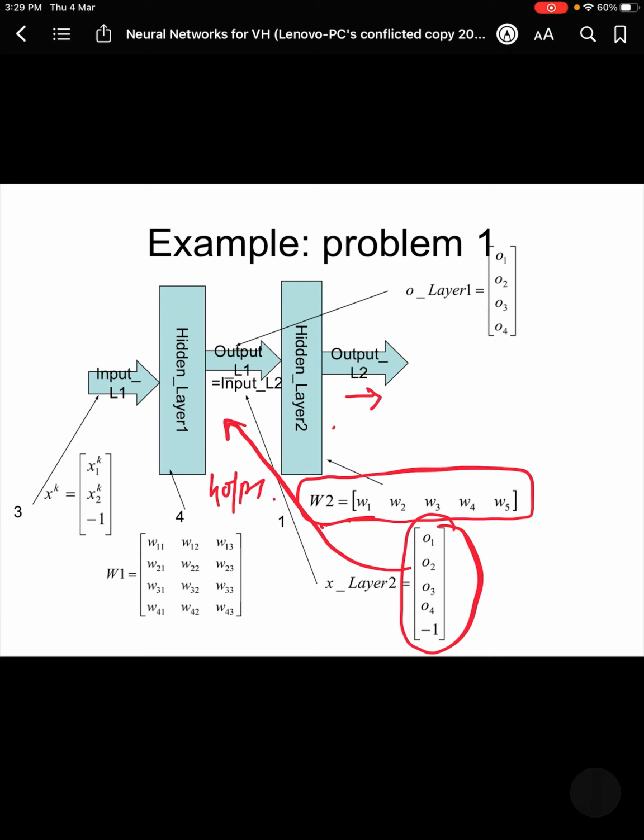Now you can figure out how these layers would be. I think there is some mistake over here in the output layer. There are 4 neurons, 1, 2, 3 and 4, and there would be one bias. Similarly, here also there is one bias, so the 3 inputs include the bias.